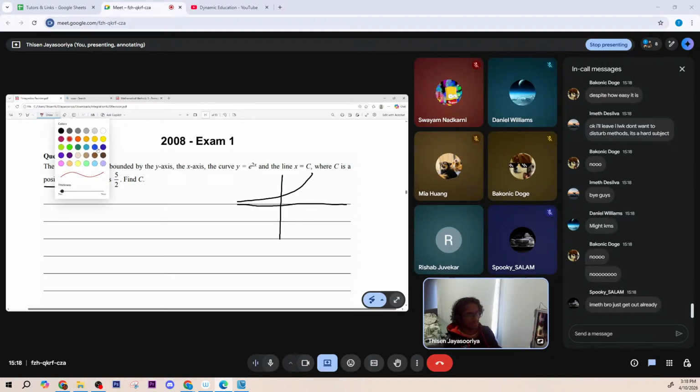So my bounded area is between the y-axis, the x-axis, this curve, and the value of when x equals c. So I want this area. That's what it's telling me. So Swayam, how can I write out an integral to solve this one? Start off with, how can I find an integral to find this value of c?